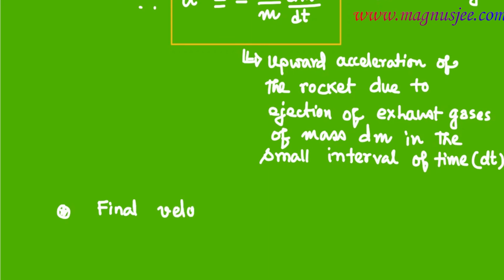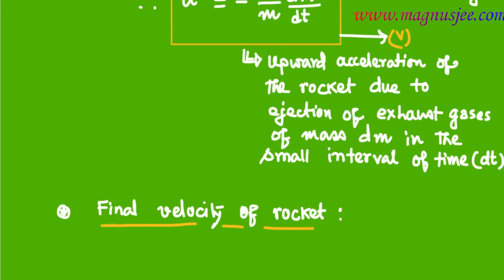Final velocity of the rocket. Now we can find the expression of final velocity of the rocket. The expression of a was equation 5. We know the expression of increase in velocity of the rocket, which is dv equal, now we can draw the diagram again.